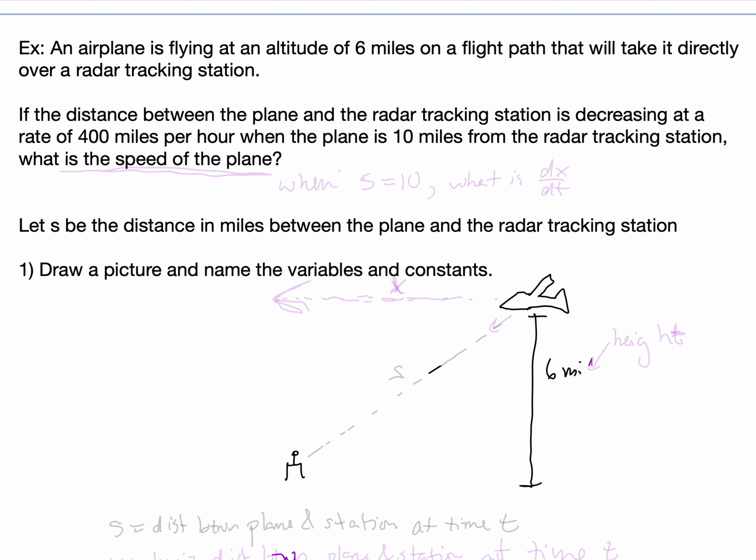And what are we asked for? We are saying that the distance between the plane and the radar tracking station is decreasing at a rate of 400 miles per hour when the plane is 10 miles from the radar tracking station. So we are interested in this distance between the plane and the radar tracking station.